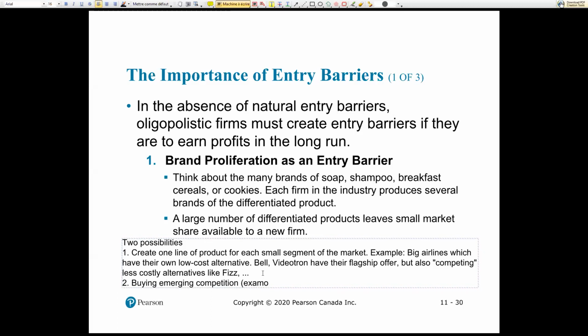Example, Facebook buying WhatsApp, Google Maps buying Waze, etc. So this happens all the time.